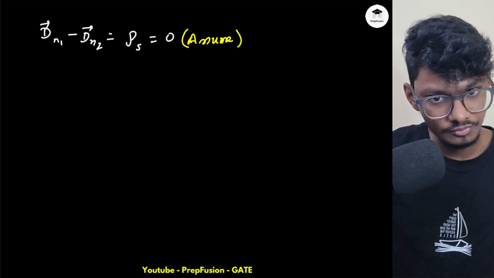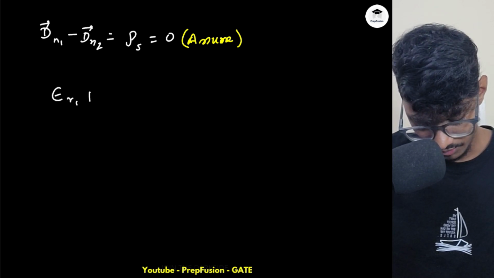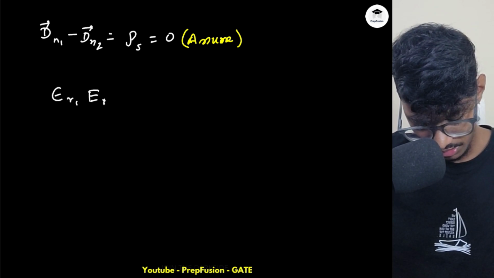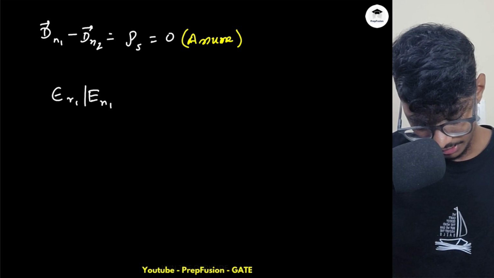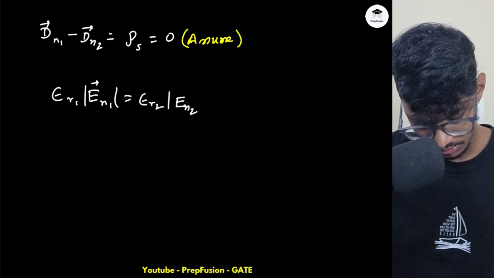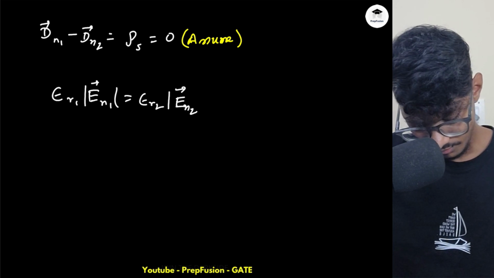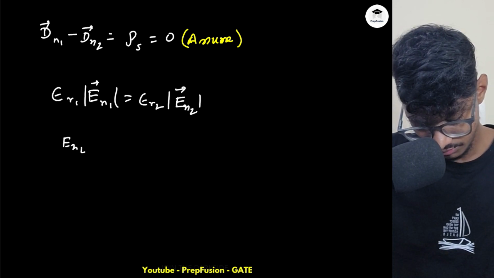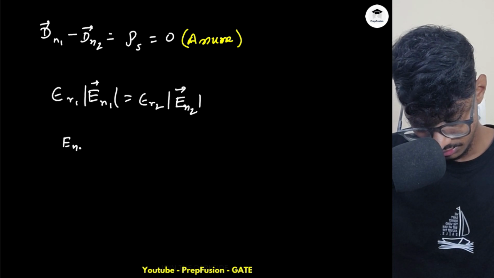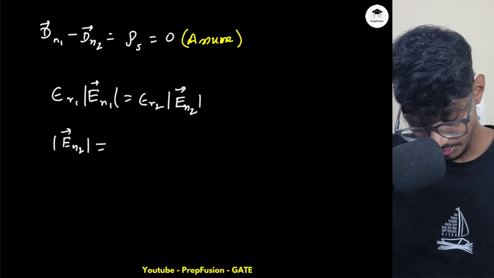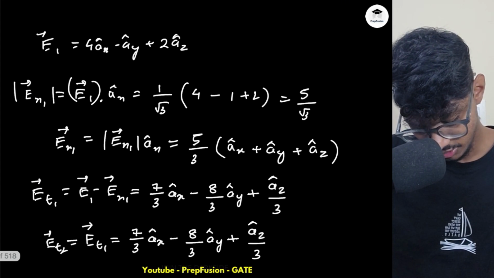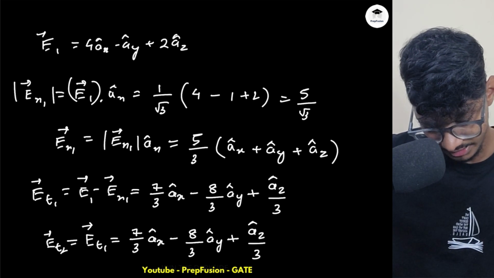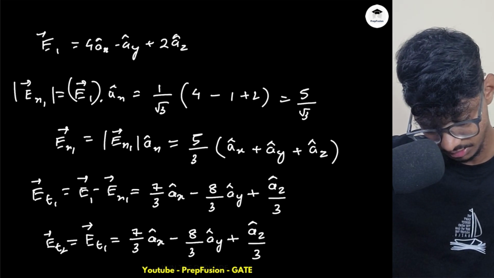Now obviously Dn1 will be equal to Dn2, so basically epsilon r1 times the magnitude of En1 will be equal to epsilon r2 times the magnitude of En2. So the magnitude of En2 will be the magnitude of En1 divided by this, and obviously there is a normal vector, that's a different matter.